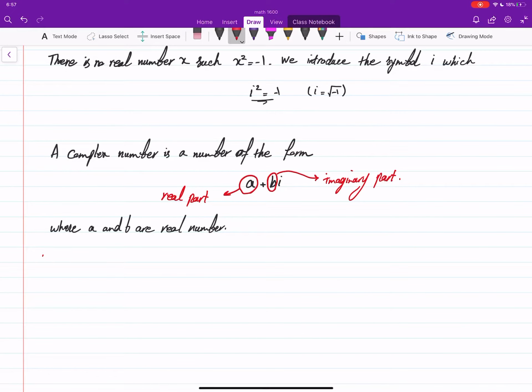First thing to see is that the real numbers are a special case of complex numbers. Real numbers are complex numbers. In other words, real numbers are a subset of complex numbers.